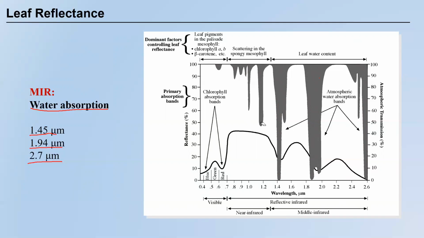So visible light, near infrared energy, and mid infrared energy. Within these three areas, vegetation or a leaf shows different reflectance characteristics. And these characteristics are determined by different components within a leaf. Chlorophyll A, chlorophyll B, and water are crucial.